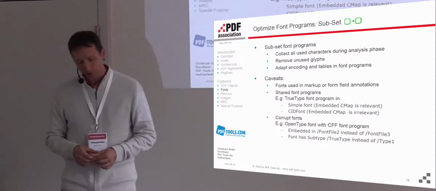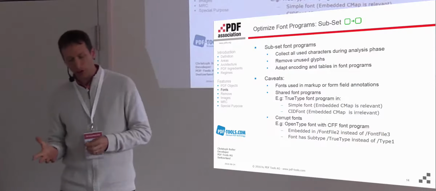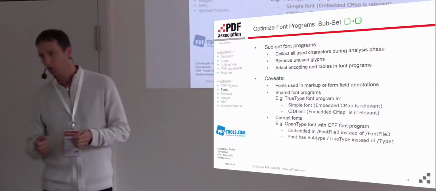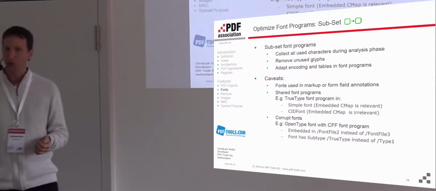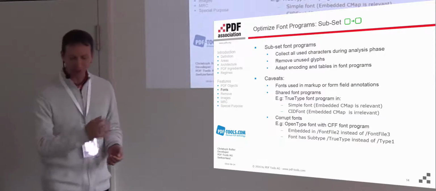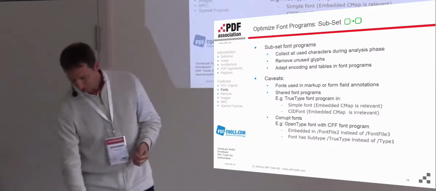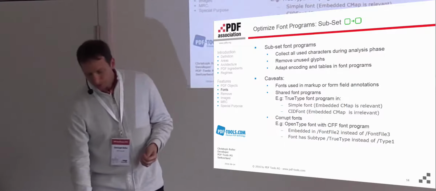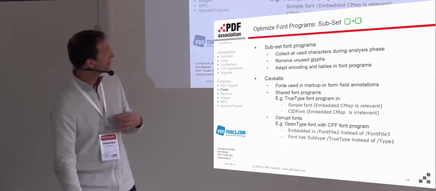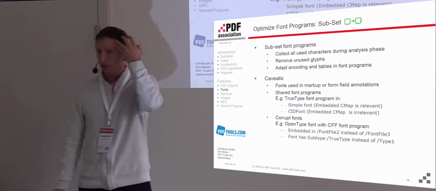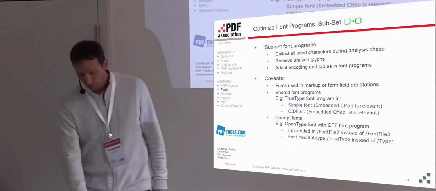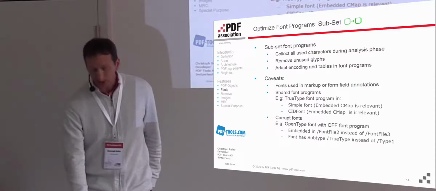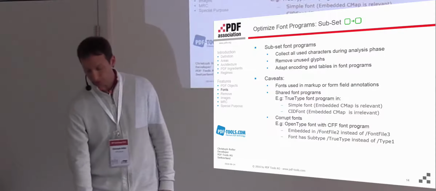And we often have corrupted fonts, for instance, wrongly embedded CFF fonts, which work fine, but as soon as you subset them, they don't work fine anymore and you have to correct them. But this step in itself is an equivalent transform. You don't lose anything. And it can have a very high impact on the file size.